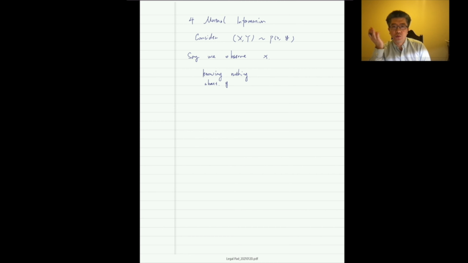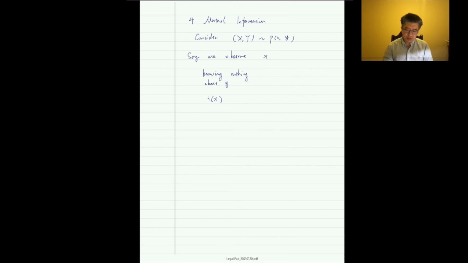Because we observe x, this basically means that we need to use the self-information to represent this event, or this experiment, right? We should know nothing about y, so it should be just this. Because we know nothing about y.